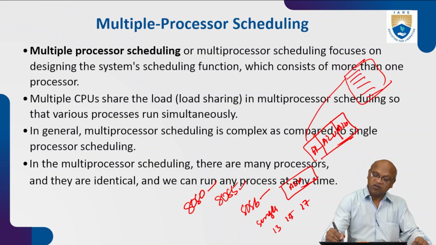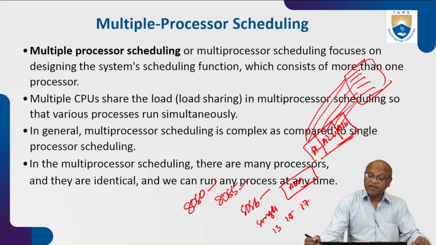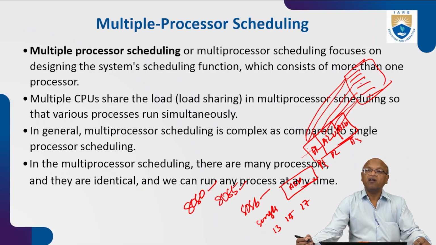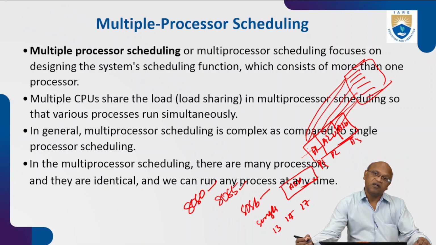Some instructions will be allotted to one processor, some to another processor, and some to another, because all the instructions will be executed by all the processors simultaneously. So the first 2 instructions will be allotted to processor 1, then processor 2, processor 3. Like this, the instructions will be allocated to different processors in multiprocessor scheduling.